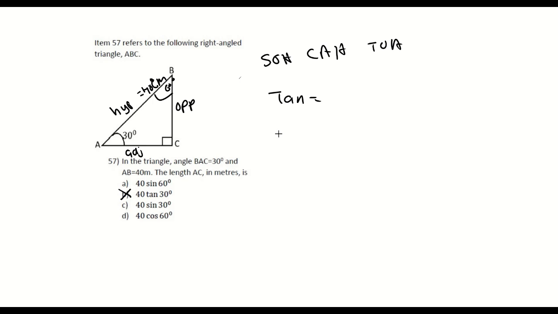If you're looking at sine 30, we are trying to find AC, which is my adjacent, so we are not using 30 degrees. So now we're going to be looking at the 60 degrees.